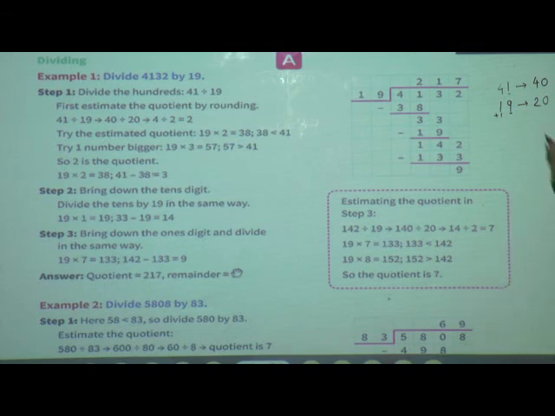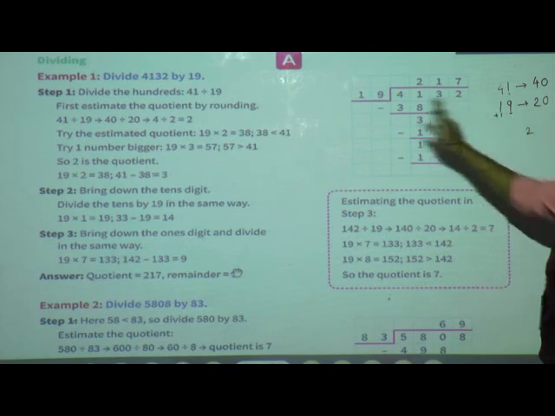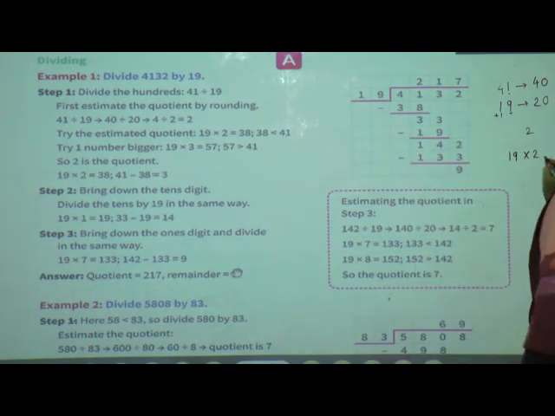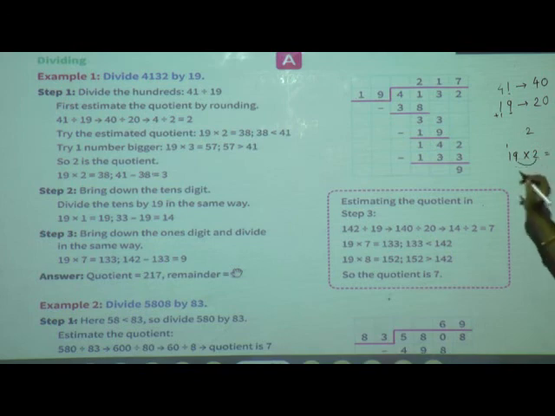Yes, 2 times. So with this we will try: 19 multiplied by 2. 9 2s are 18, 1 will be carry. 2 1s are 2. 2 plus 1 is 3.